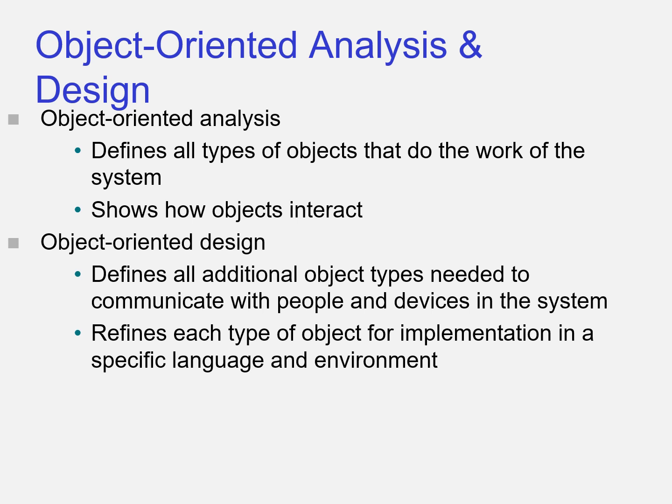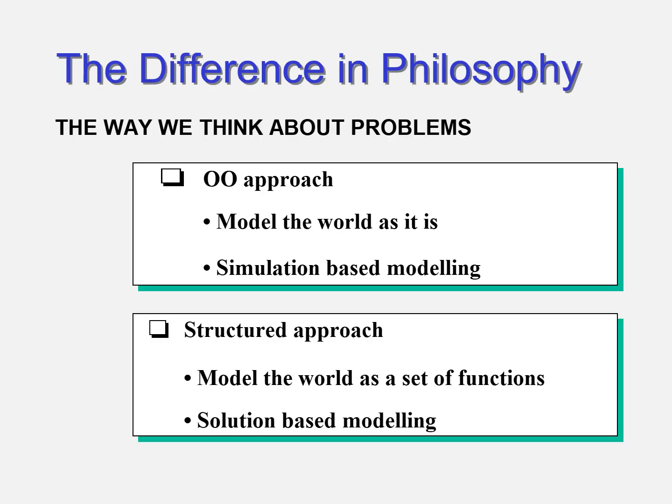You are only designing, only doing analysis. And after that, when you already know the objects, you will refine it in more detail so that it is detailed enough to be implemented.